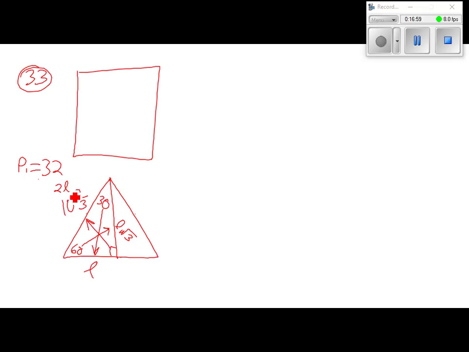Side across from the right angle is 2L. So on this, what are you going to have to do to solve for L? Divide by 2, right? So on your calculator, punch in 10.6666 and just keep pushing sixes, and then hit divided by 2. 5.33, so 5 1/3. So what are we going to put in place of L right here? 5 1/3.